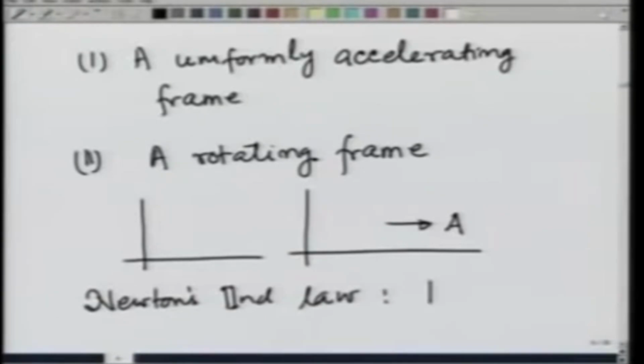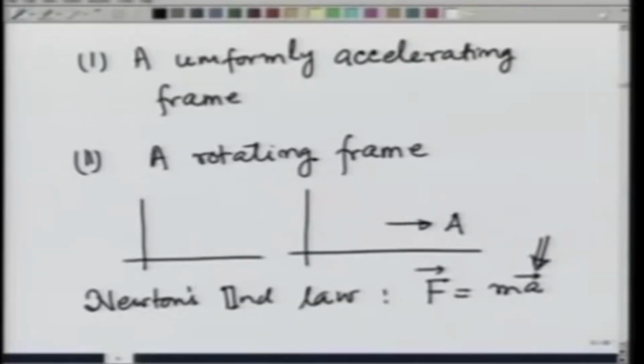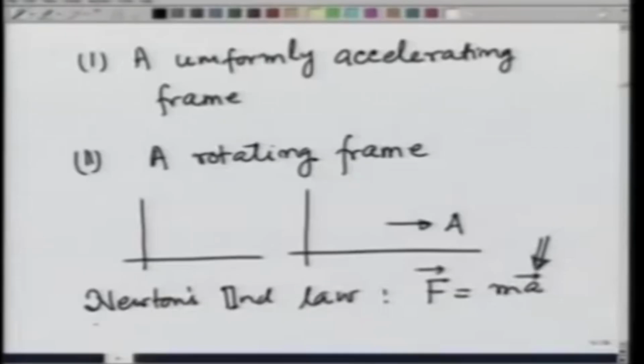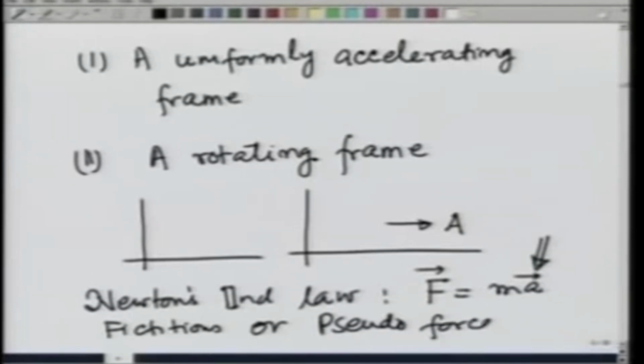That states that force equals m times the acceleration. Therefore, if you see things accelerating without any apparent force, to account for this apparent acceleration, you have to introduce certain forces, and we call these forces fictitious or pseudo forces.